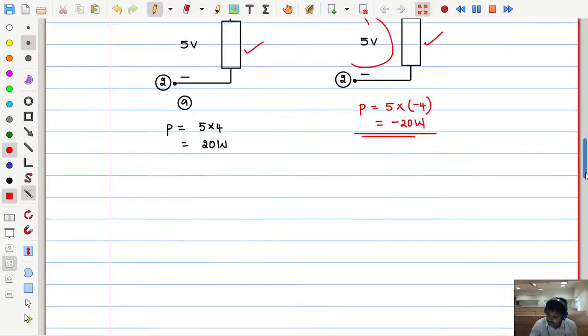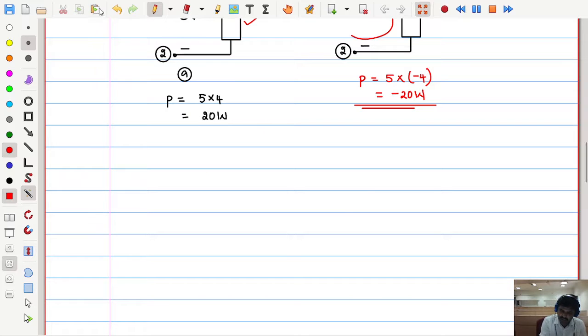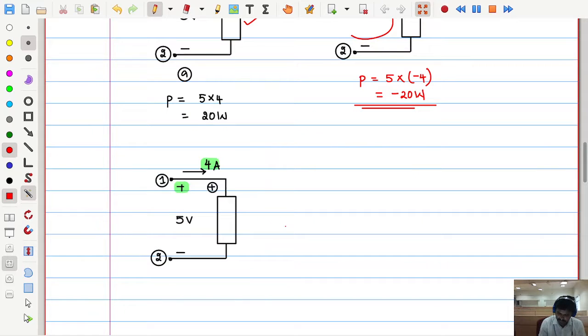Let me show two more cases. Let me consider the polarity as like this: this is minus, this is plus, and here a current of 4 amperes.